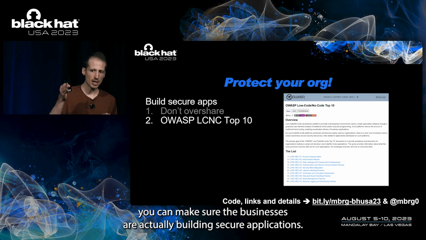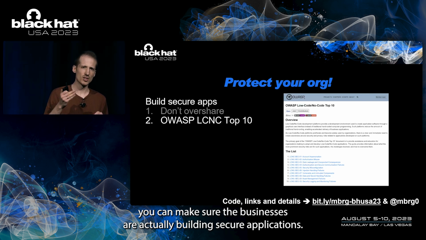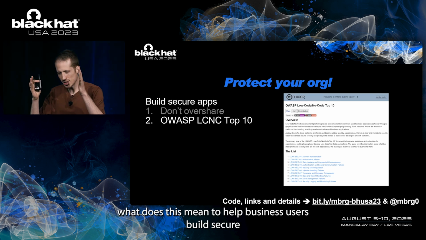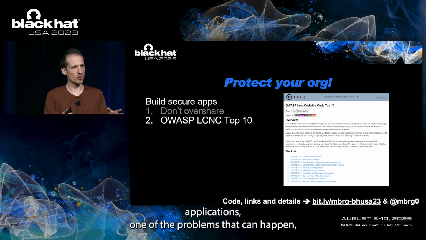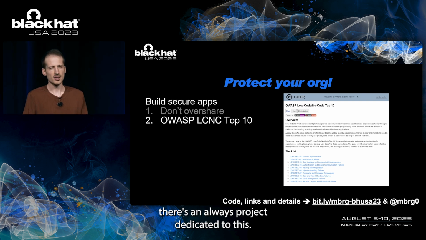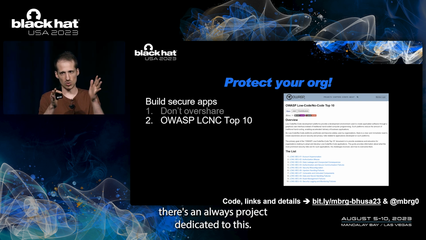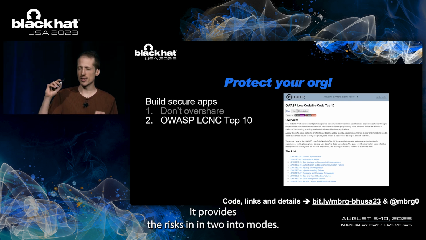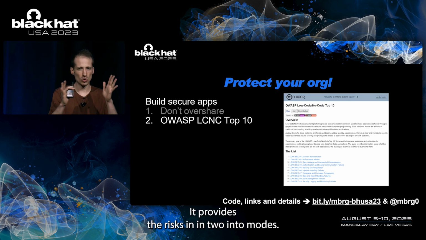The other thing you can do is you can harden. You can make sure that your business users are actually building secure applications. If you're thinking about what it means to help business users build secure applications, what are the problems that can happen, there's an OWASP project dedicated to this. So OWASP Low-Code/No-Code Top 10, check it out. It provides the risks in two modes.